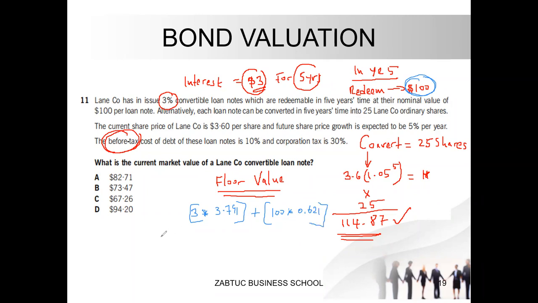So that is how you find the floor value of the bond. That's the lowest value. Why? Because if the market value is below 100, then we put in 100. So the floor value is the lowest value of the bond.